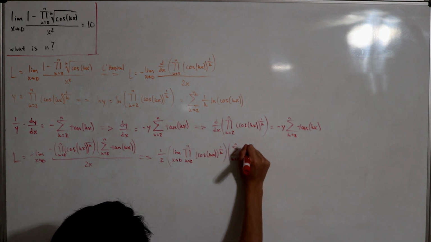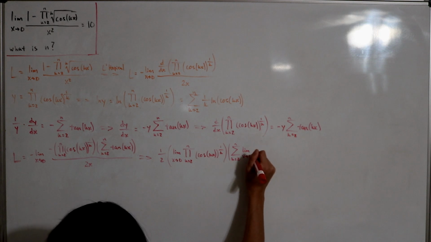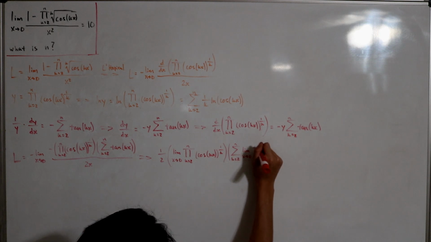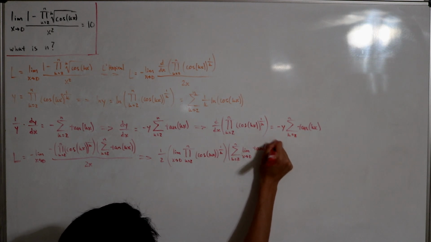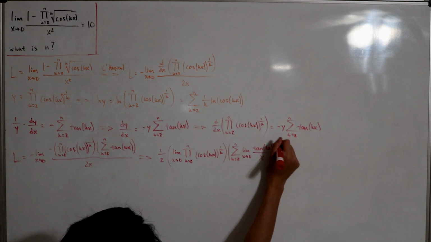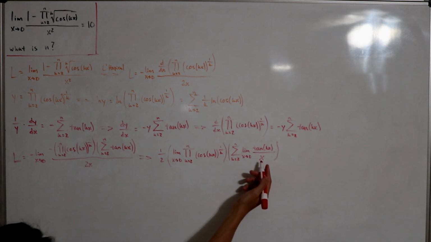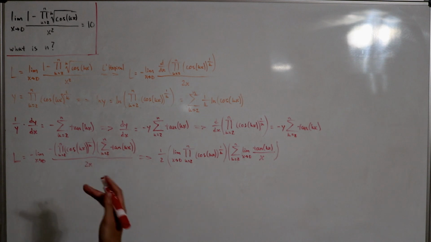So this is the limit as x approaches 0 of tangent of kx, divided by x, which is just from here. We just moved it over here, so this is a product, so this is okay.